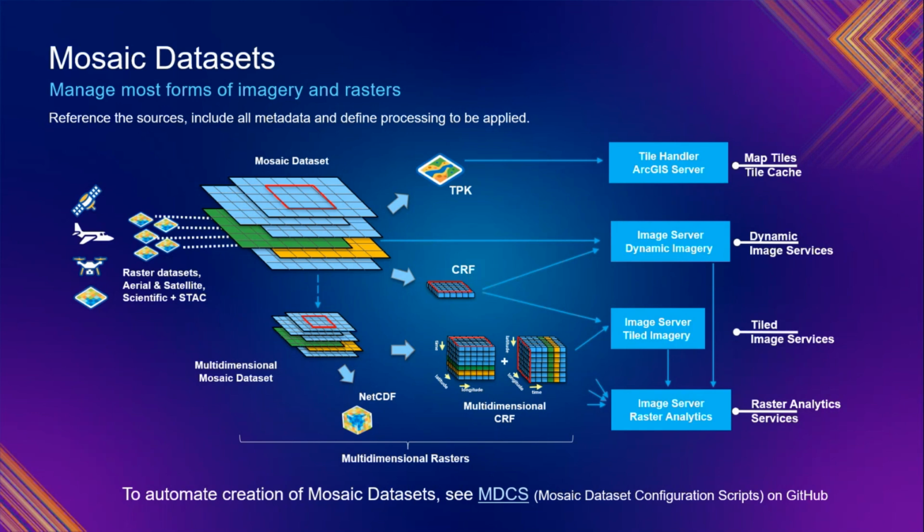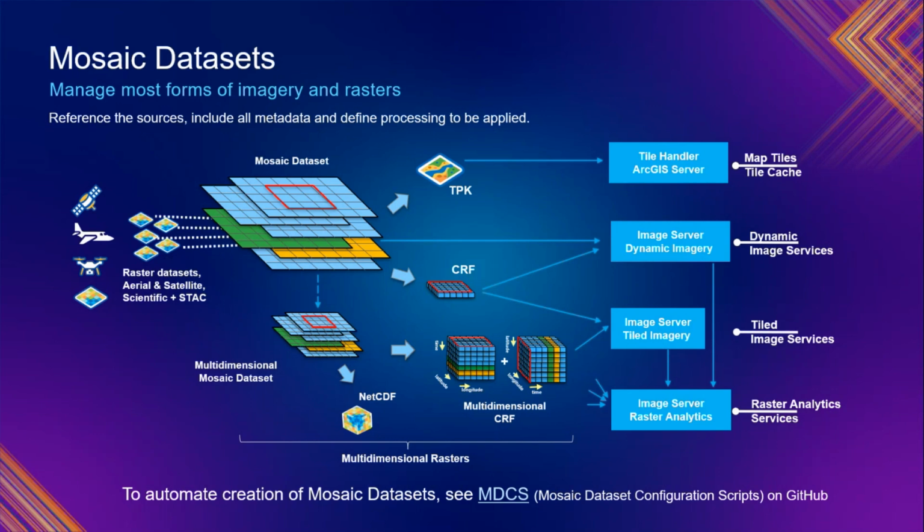That's not going to work. What you do is you create a mosaic data set. That mosaic data set references all these different data sets, which might be within your network, and defines how they are supposed to be stitched together, how to mosaic the images together, as well as functions to be applied on the images.